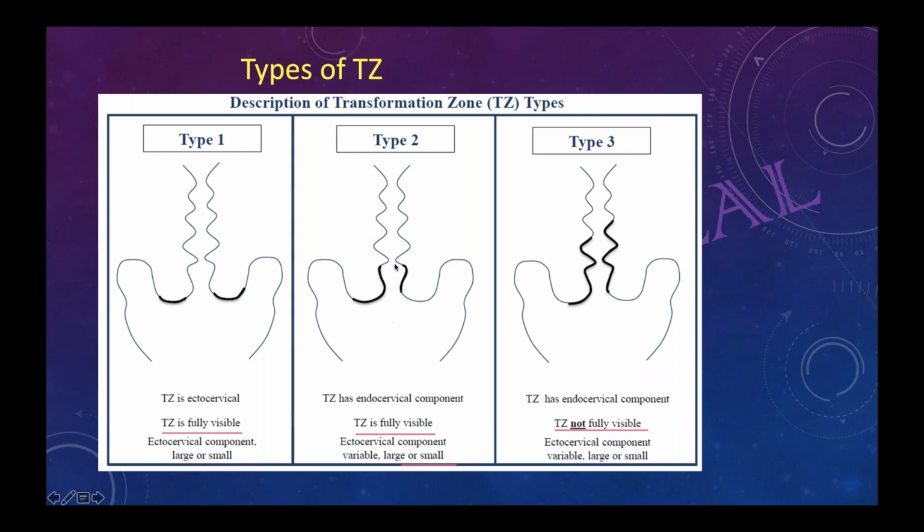You have to take the help of an instrument to open the lips of the cervix, then only you will be able to see it. So this is type 2. Just remember this way: with type 2 you will be able to see it, but it has an endocervical component, so you would require an instrument, endocervical forceps, to open it.